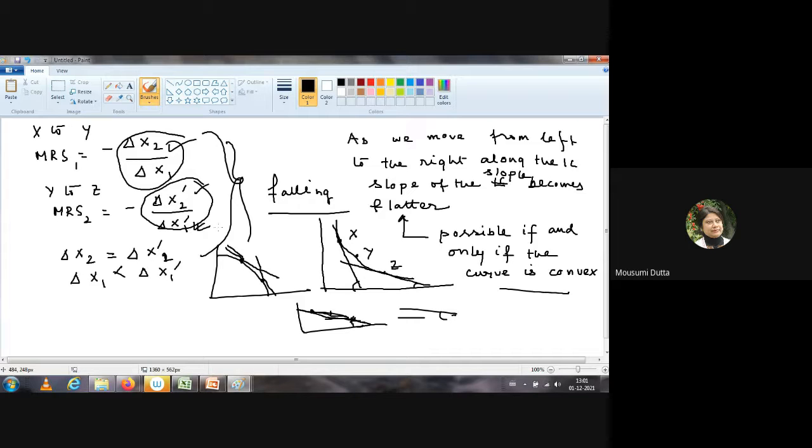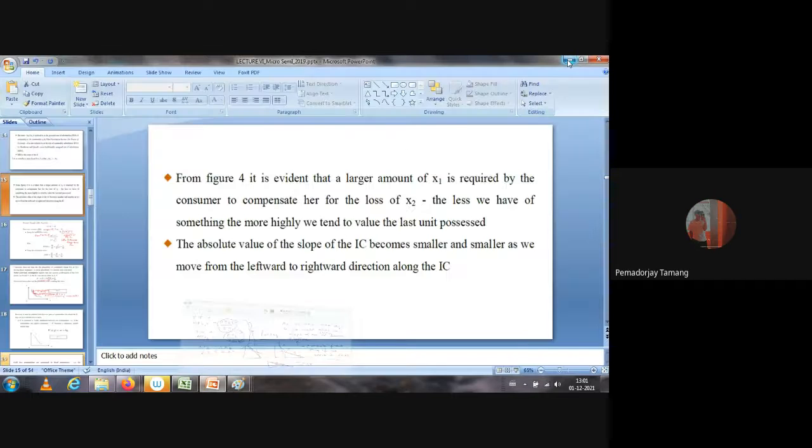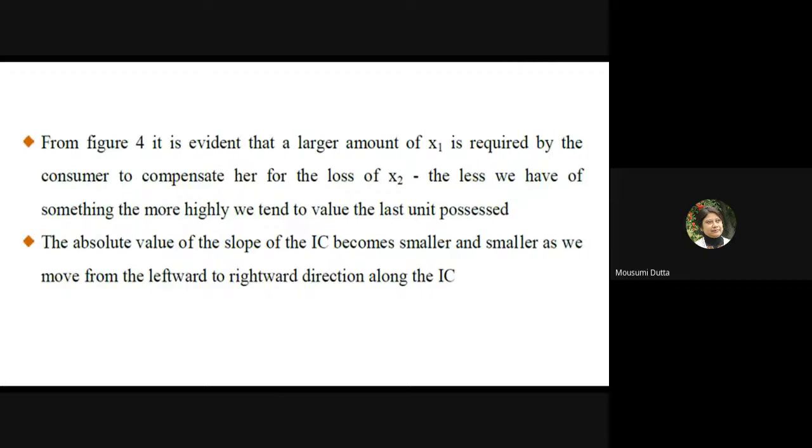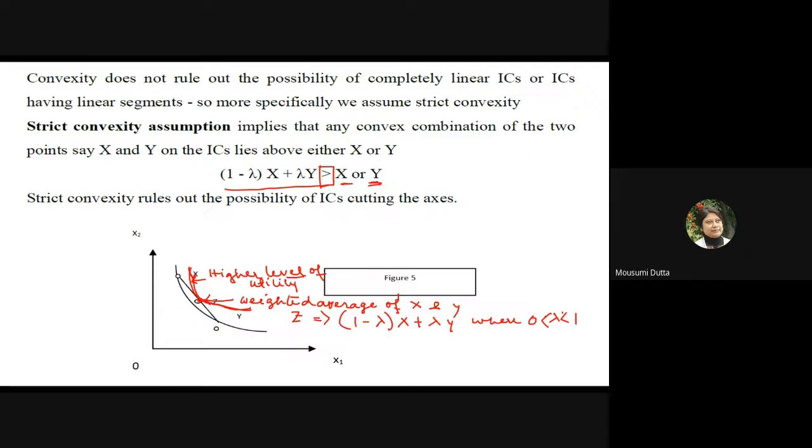Is it understandable? Yes, ma'am. Okay, so we can say that the slope of the indifference curve becomes smaller and smaller as we are moving along the curve to the rightward direction. In other words, the indifference curve is convex in nature.